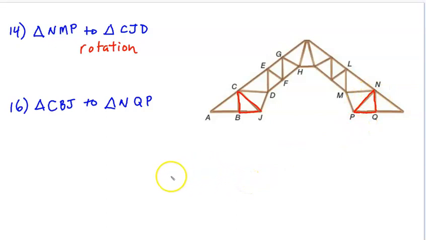Now this is going to be a reflection because C maps to N. All right, so C would go to N. If there is a vertical line going straight down, we pick up this shape and flip it over, which is what a reflection means. We flip it. Then B would map to Q. And J, if we flip this over, would map to P. So this side, when it's picked up and flipped over, would lay down right here, and the letters would correspond at that point. So this is going to be a reflection.